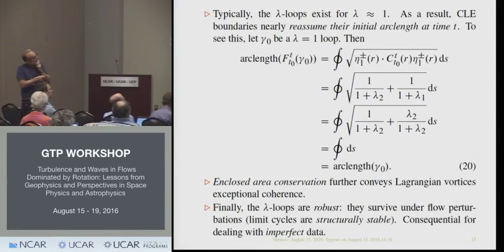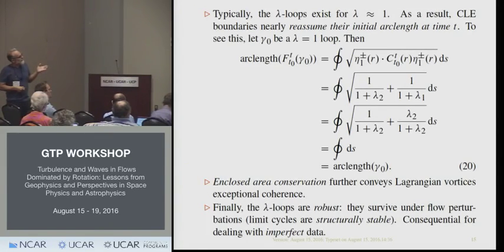This arc length reassumption, together with the enclosed area conservation, which is a consequence of the incompressibility of the flow, makes these vortices very coherent. So if the curve cannot stretch and the area is conserved, this, if it is egg-shaped, will remain roughly near egg-shaped.